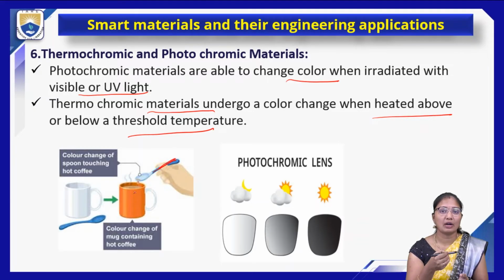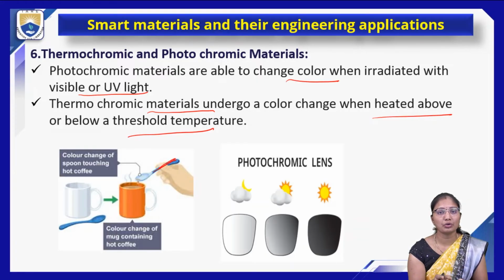When it touches the hot coffee, the change in the color of the spoon is observed. Similarly, if the cup is coated with thermochromic material, then on pouring hot coffee into the cup, it changes its color. And if, rather than hot, cold water is added, it also changes color, because heating above or below the threshold temperature causes changes in color. So thermochromic materials are used in these cups and spoons.